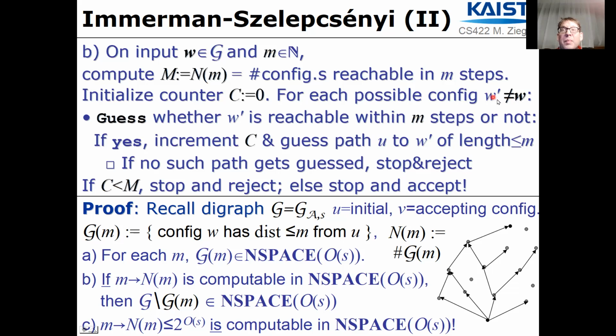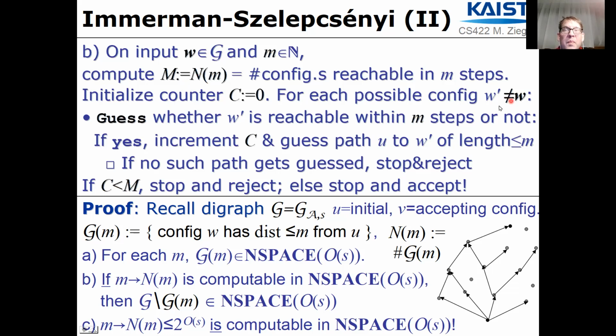And that in particular means that the vertex W, which was part of the input, is indeed also not reachable, right? So if W is reachable, then we cannot remove it from the loop as we did here. If we remove it from the loop, then there's no way for our counter to reach the actual number of vertices if W is reachable.